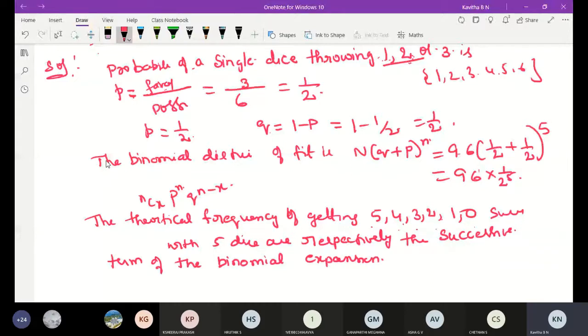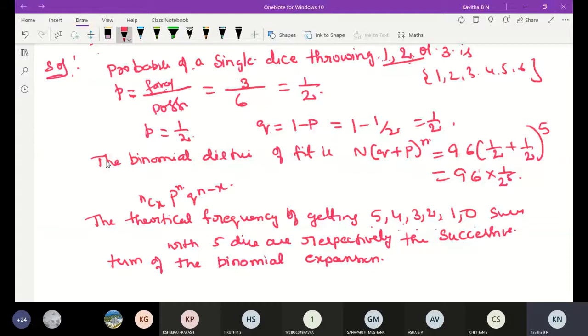Okay, 96 into 5C1 into 1 by 2 whole to the power of 5, plus 96 into 5C2 into 1 by 2 to the power of 5, plus 5C3 into 1 by 2 to the power of 5.